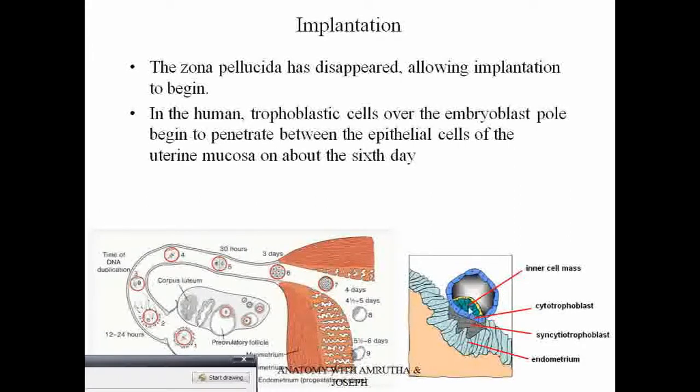Trophoblast cells near the inner cell mass try to penetrate the epithelium of the uterus, the uterine mucosa, which is well flourished because the uterus is in the secretory phase, and that is called implantation.